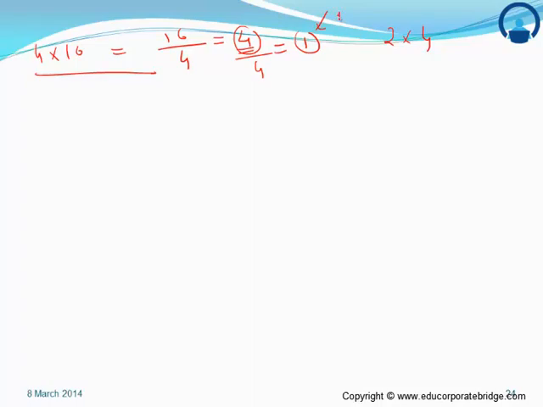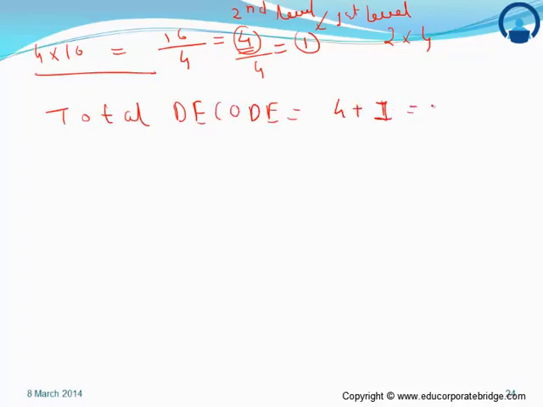So this is the first level of the diagram, this is the second level. The total number of decoders is 4 plus 1, which is 5. So we require 5 decoders in total, each a 2 cross 4 decoder.